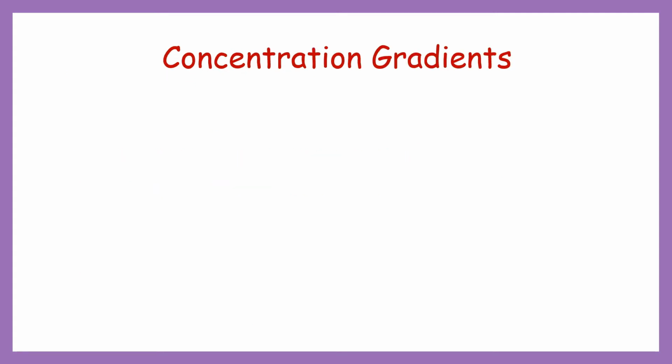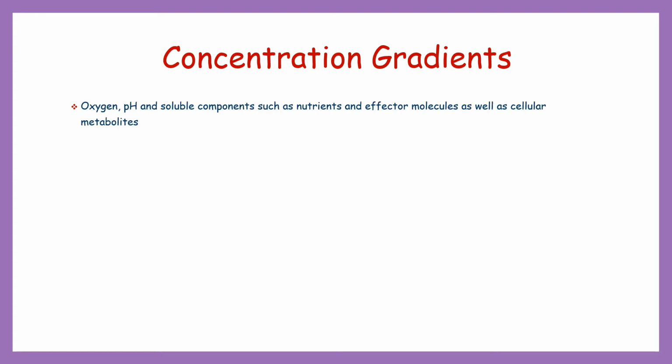Within a tissue, concentration gradients exist for oxygen, pH, nutrients, effector molecules, as well as cellular metabolites. These natural gradients are influenced by the proximity to blood vessels and by the diffusion of molecules through the ECM.